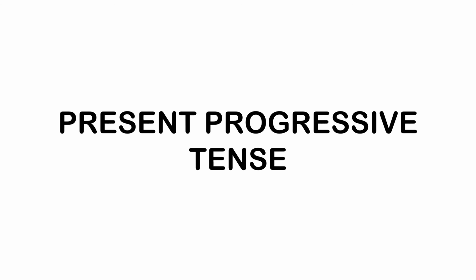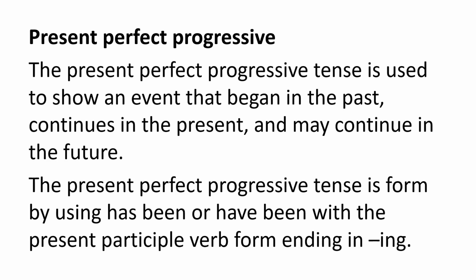Present perfect progressive tense. Ito yung pinagsamang present tense and progressive tense. The present perfect progressive tense is used to show an event that began in the past, continues in the present, and may continue in the future. The present perfect progressive tense is formed by using has been or have been with the present participle verb form ending in ing.